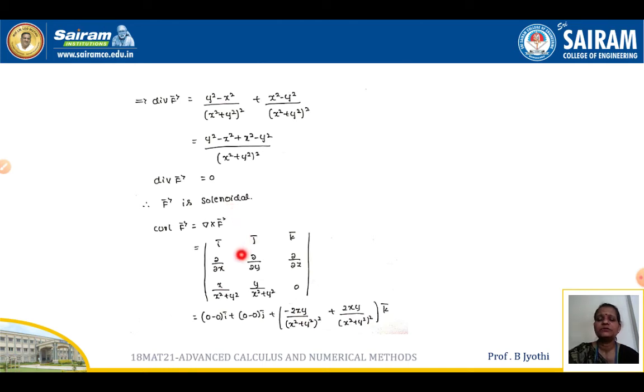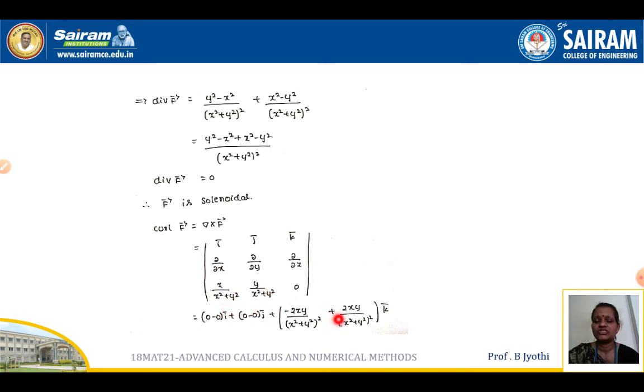Now let us prove that the vector is irrotational. In order to prove that it is irrotational, consider the determinant having i, j, k as the first row, dou x, dou y, dou z as the second row, and the third row is the components of f.